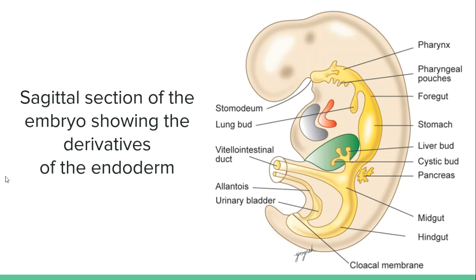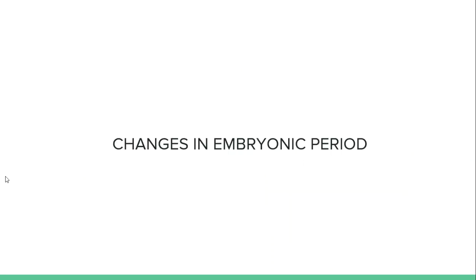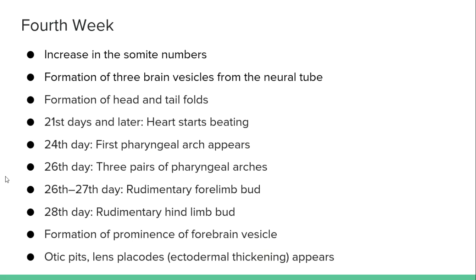Let's move on now. We are going to look at the changes in the embryonic period. During the 4th week, in summary, there's an increase in the somite number, formation of 3 brain vesicles from the neural tube. We have the formation of the head and the tail folds.